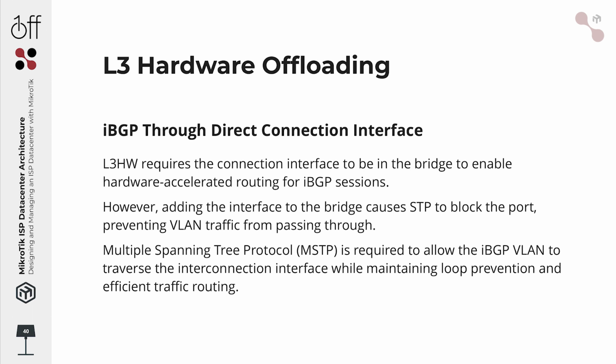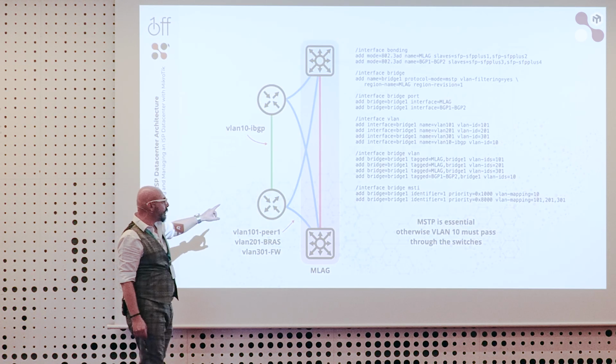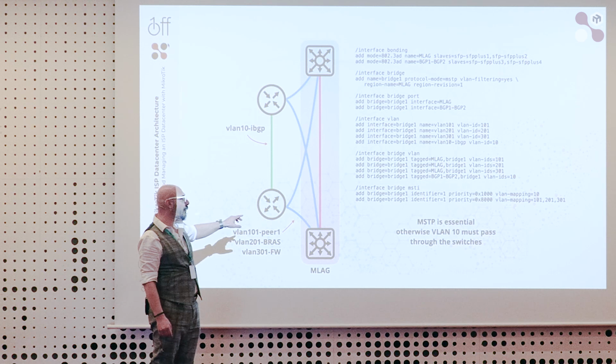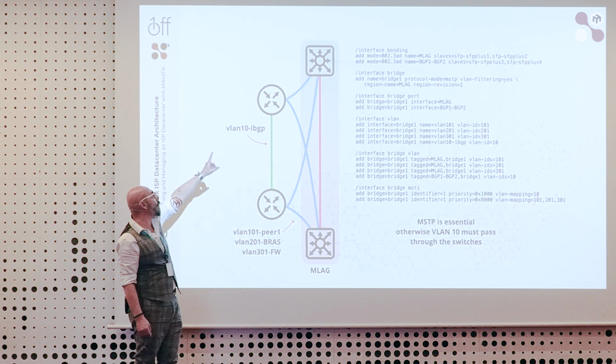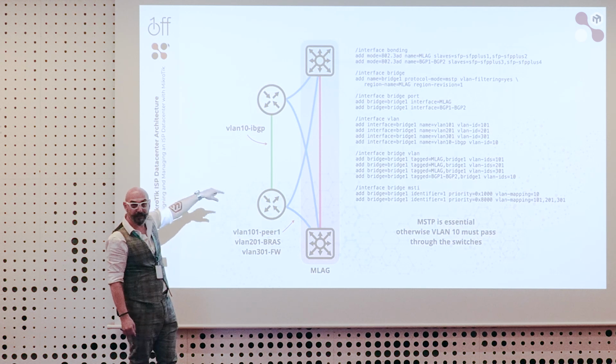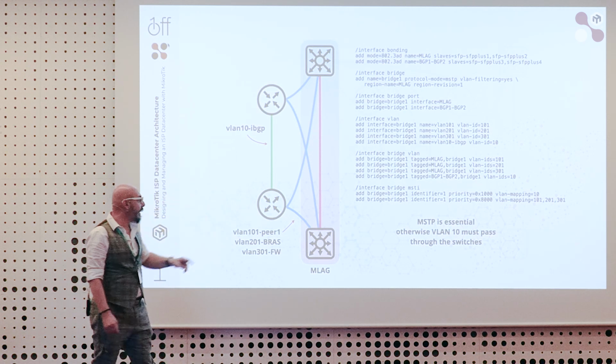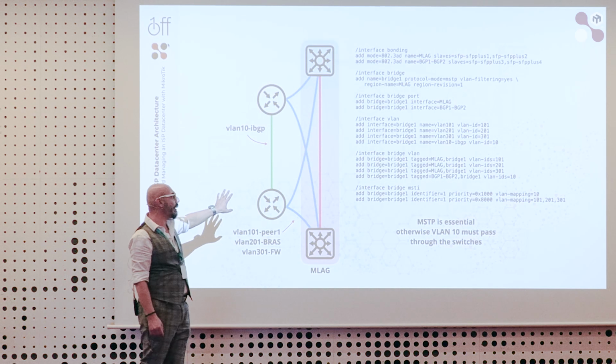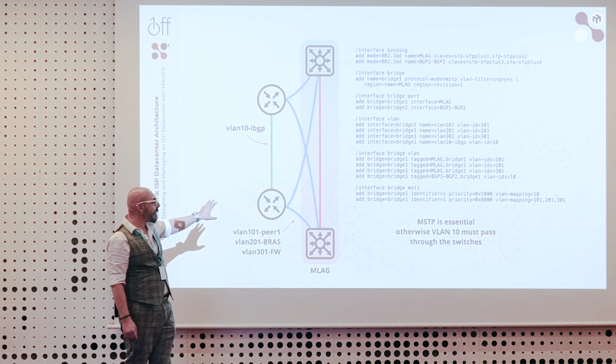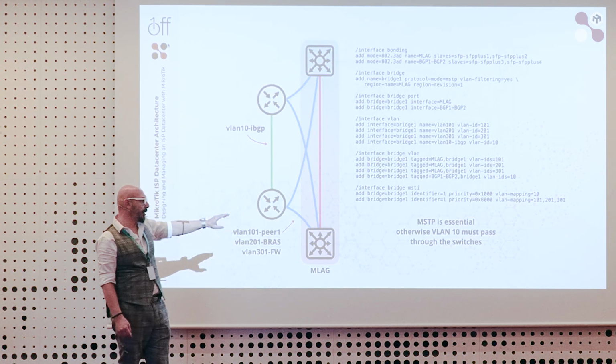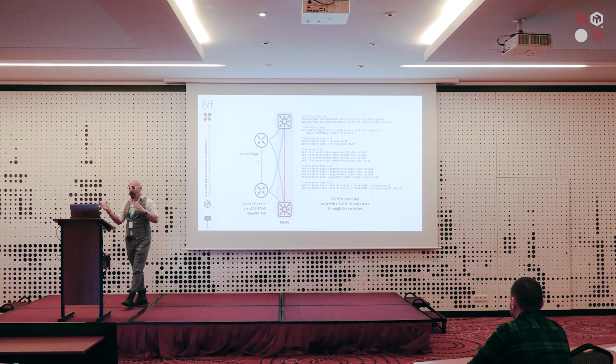We need to configure multiple spanning tree protocol and create a new instance of the multiple spanning tree protocol dedicated to the VLAN that we want to pass through this directly connected interface. In this case, we can create a different priority for this instance and run the other priority for the other VLANs. In this case, we have a good load sharing between the directly connected interface and the other interfaces.